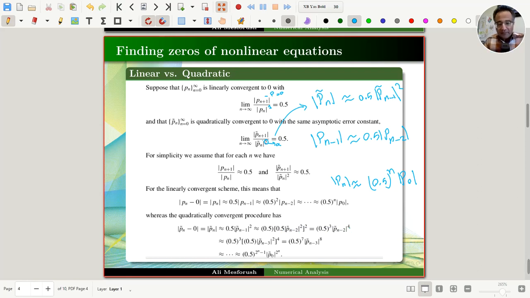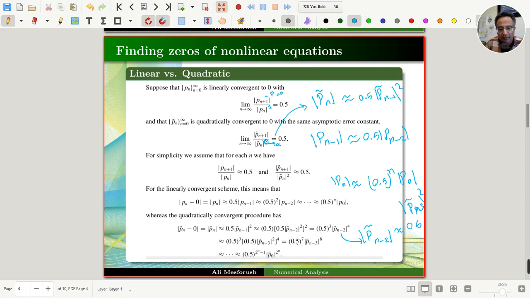And if we continue in the same way, instead of Pn-2 tilde we put half times the absolute value of Pn-3 tilde squared, and we get half times half to the power of 4.